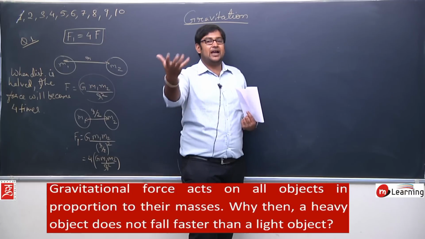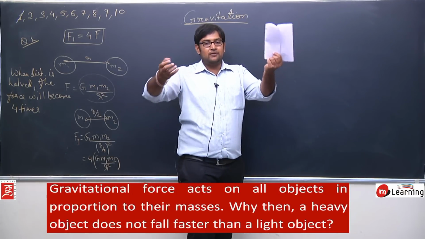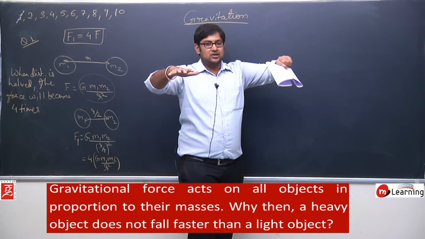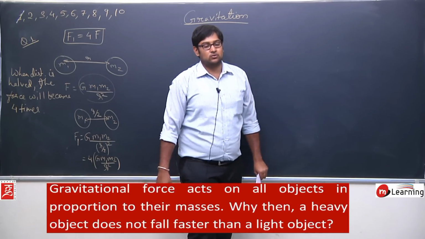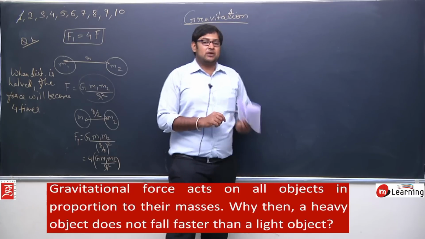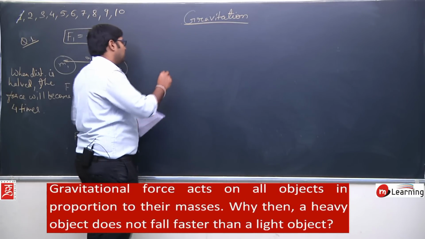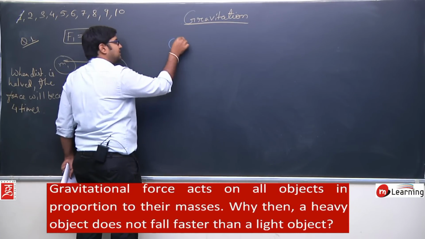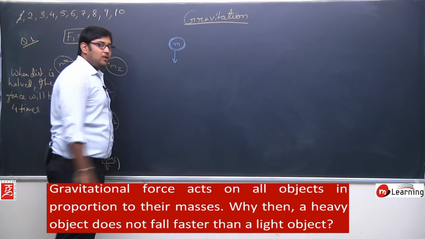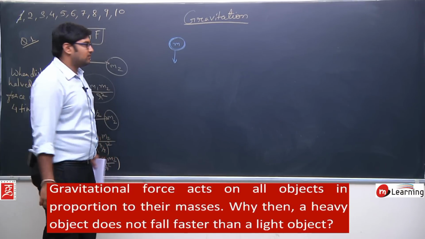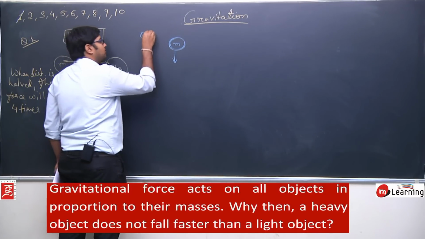For example, if I have an iron ball and a wooden ball, and I drop them like this, what will happen? Both of them will fall simultaneously on the ground. This is happening because, let us say this is an object with mass m which is falling on the ground. I am talking about objects in free fall.